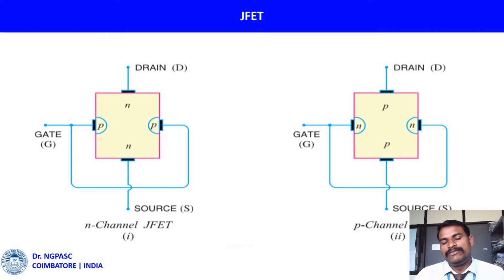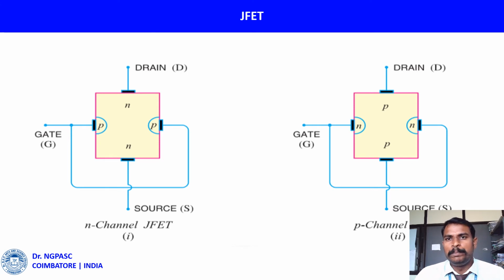The construction of a JFET consists of a P-type or N-type silicon bar containing two PN junctions at the sides. The bar forms the conducting channel for the charge carriers. If the bar is N-type, it is called an N-channel JFET, and if the bar is P-type, it is called a P-channel JFET.